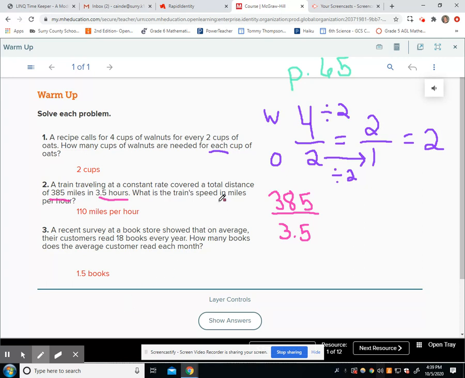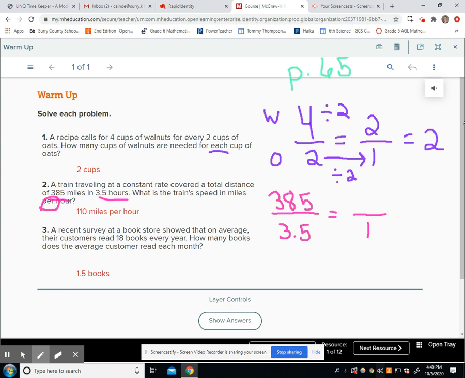What is the train speed in miles per hour? That clue word per tells me that I'm finding a unit rate because I need to know miles per 1 hour.